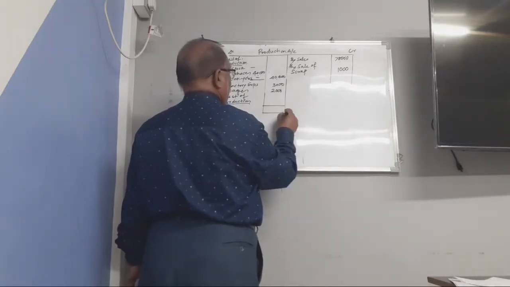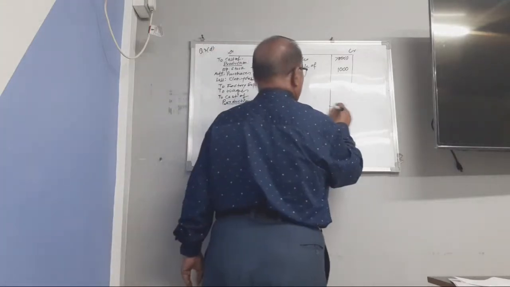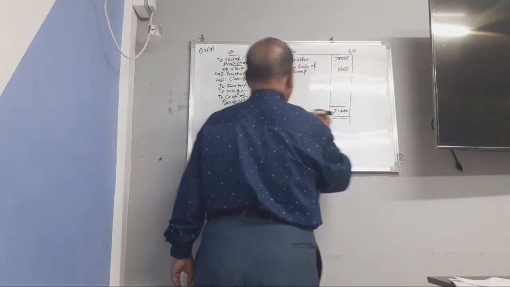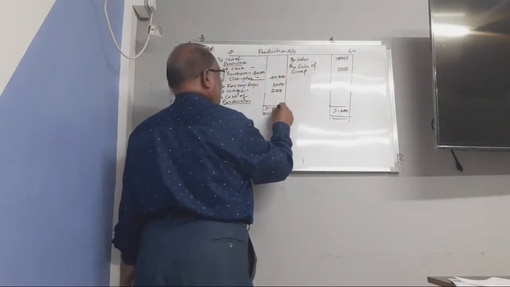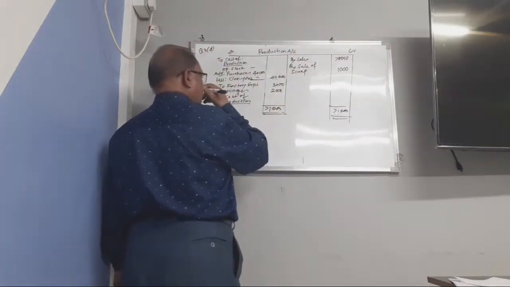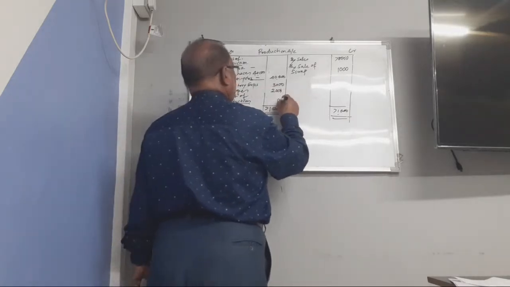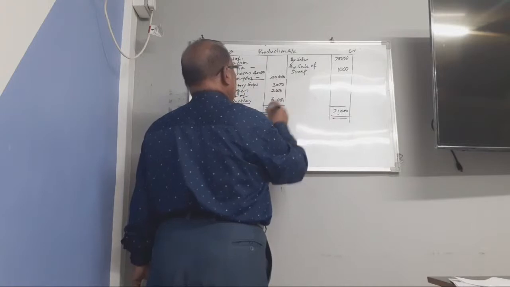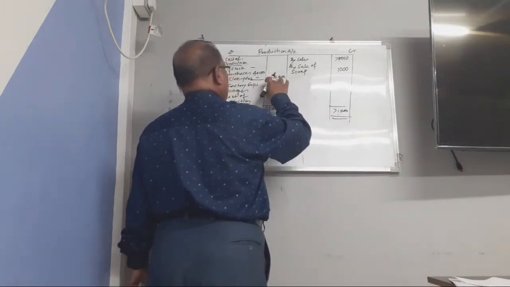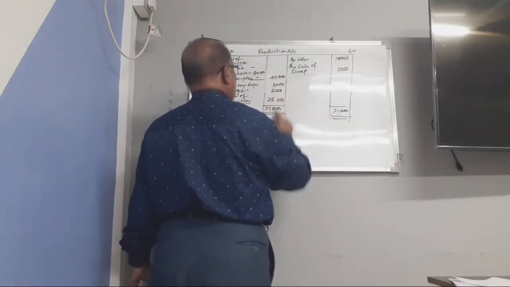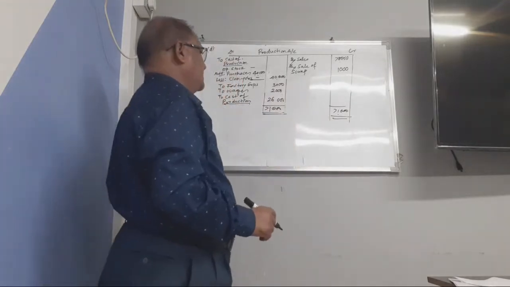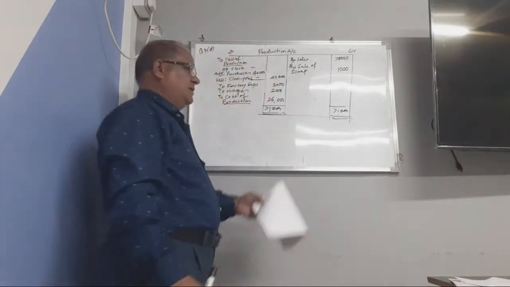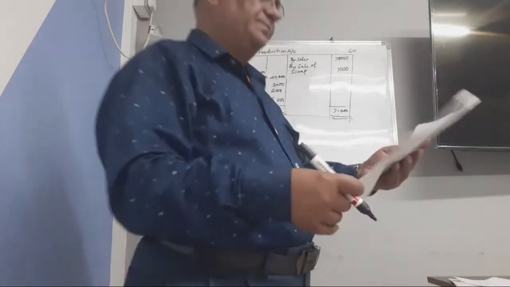See, this is 71,000, and from 71,000 you get the balance, that is the cost of production is coming here, 26,500. This is the amount which is coming here, and that is the production.